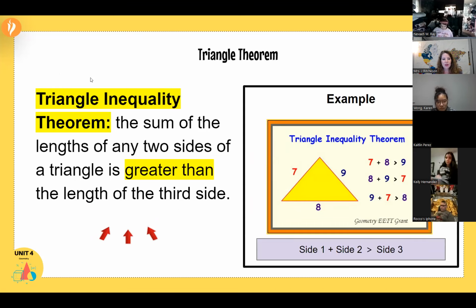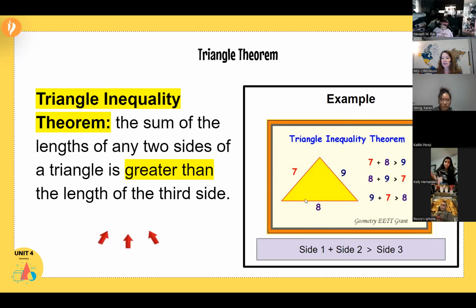So basically what the triangle inequality theorem states is if you have a scalene triangle like this one, where all three side lengths are different, there's something that's always true. If you add together the two shortest sides, like here we have one side that is 7, one side is 8, one side is 9, the sum must be greater than the third side.